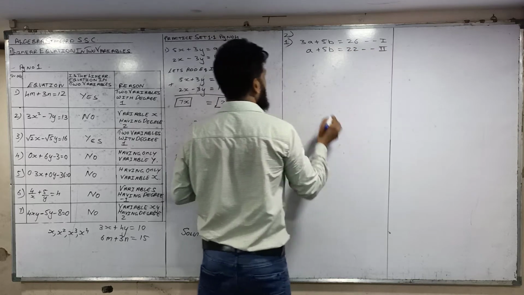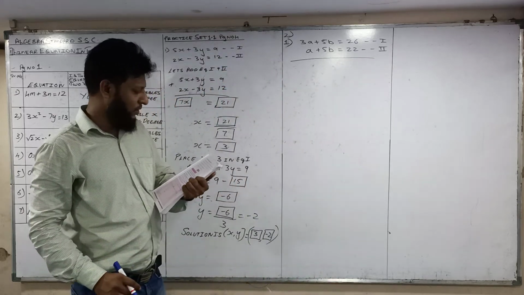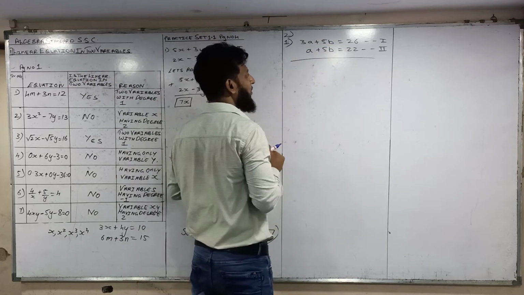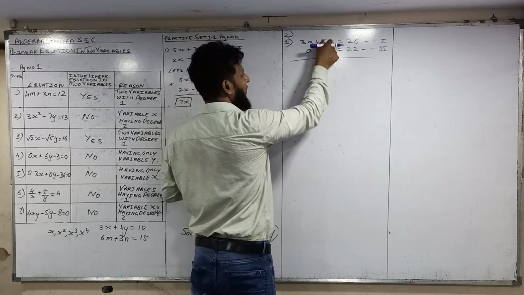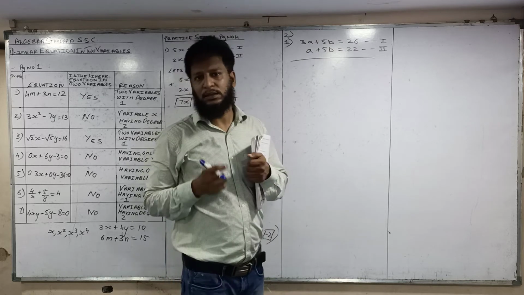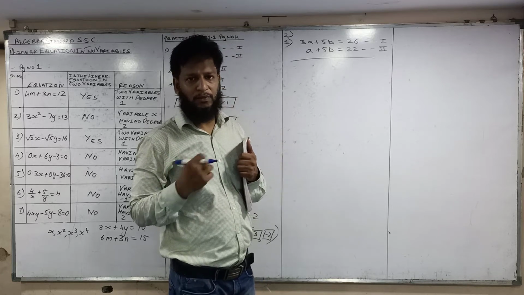Now in this you can see 5b and 5b both have the same value, 5b and 5b in equations 1 and 2. So we'll try to cancel variable b so that we can find the value of a.